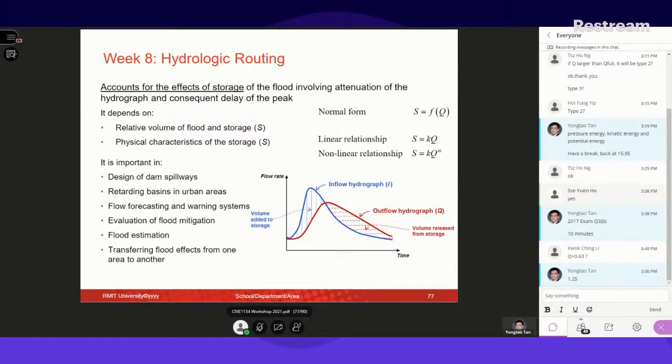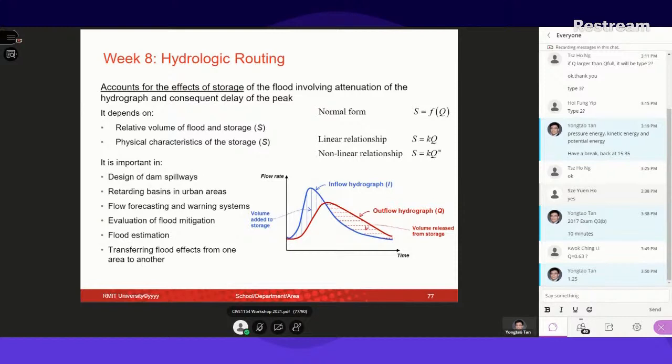For hydraulic routing, it depends on the volume of the flood and storage, and also the physical characteristics of the storage. The relation could be linear or nonlinear.